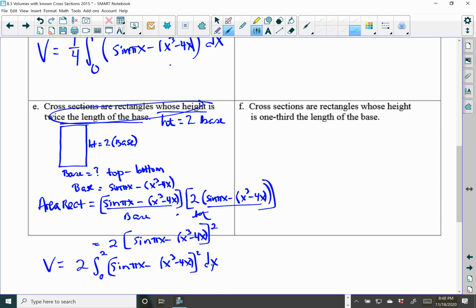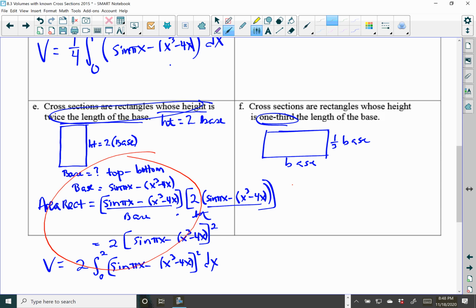F, cross sections of the rectangle whose height is 1/3 the length of the base. So you can kind of imagine, actually we've got a long skinny one, don't we? It's 1/3 of the base. So this will be 1/3 the base. This is the base. So hopefully you kind of see by now, I'm not going to go through all of the detailed information here, but I can pick up that I'm going to have a 1/3 base times base.